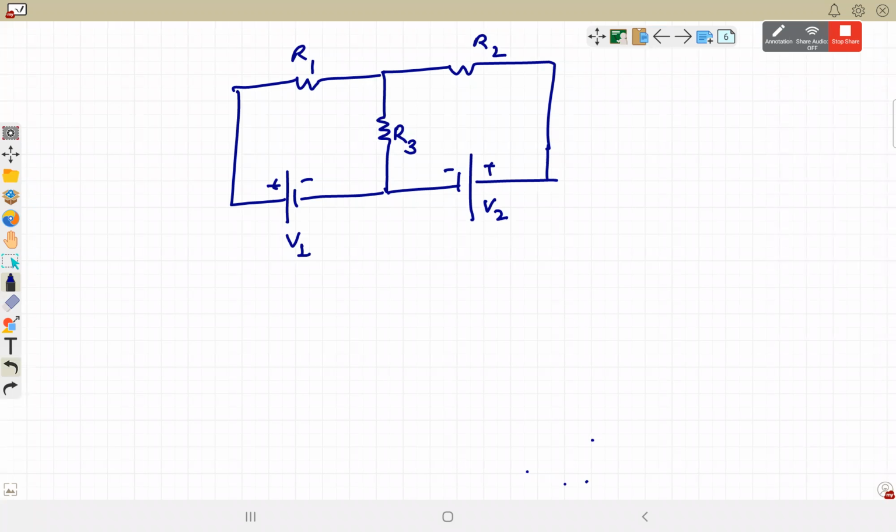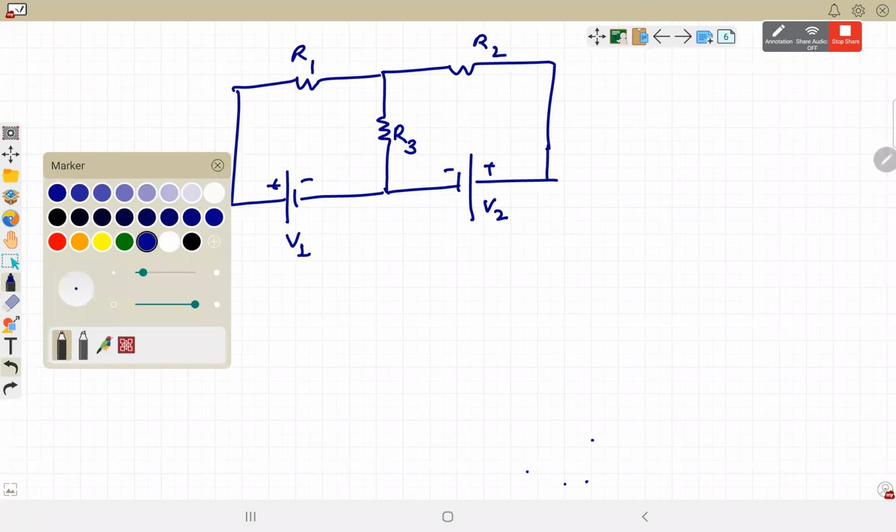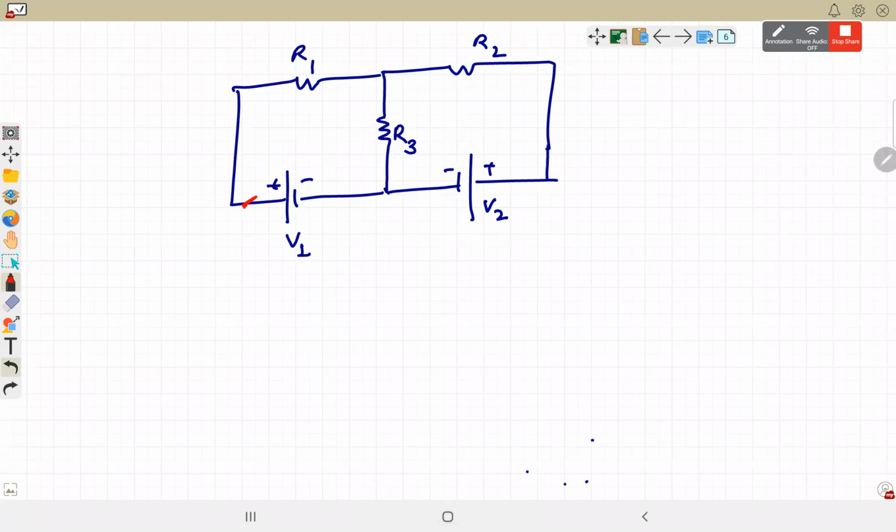Suppose the first battery of potential V1 supplies the current I1. Current is always given from the positive terminal of the battery. So first battery gives current I1. Second, from the positive terminal, it gives current I2.